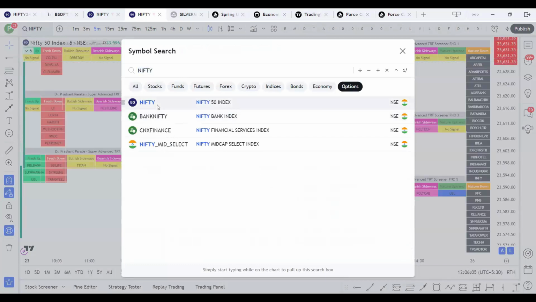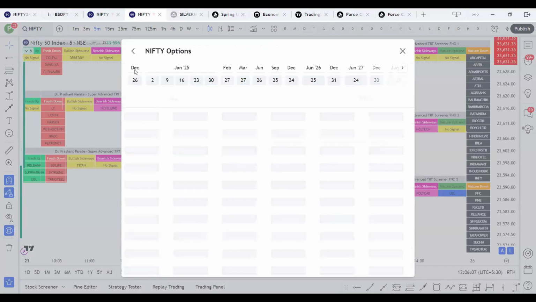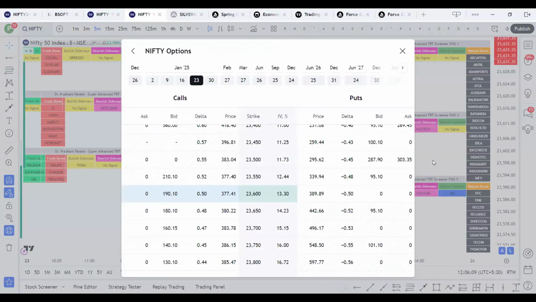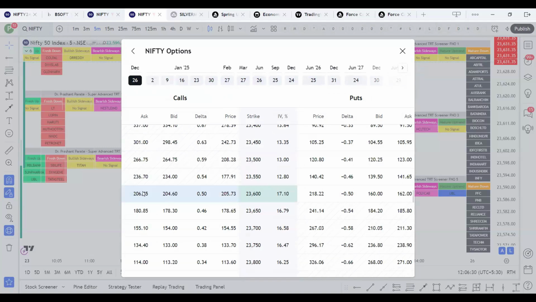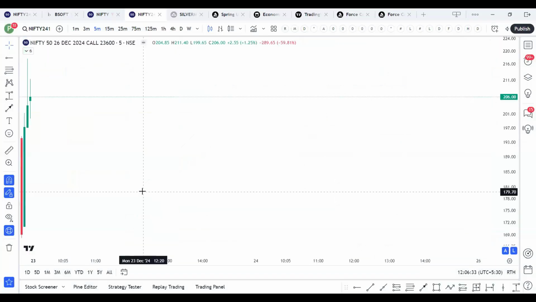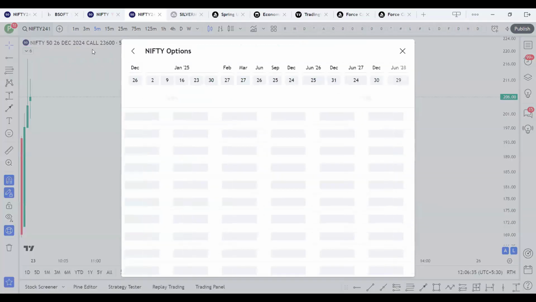When we click on options, then click on symbol again. It will show like this. It will show like an option chain. You can select expiry, month, expiry date. There are multiple choices available here in Nifty. Otherwise, in stocks, there will be only 3 choices, and in Bank Nifty, there will be fewer choices. So suppose you want to check for December expiry. Let me check. It has come like this.